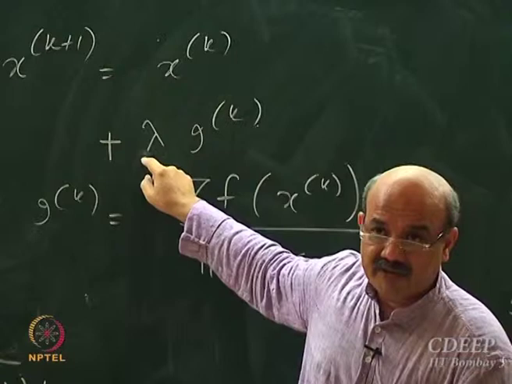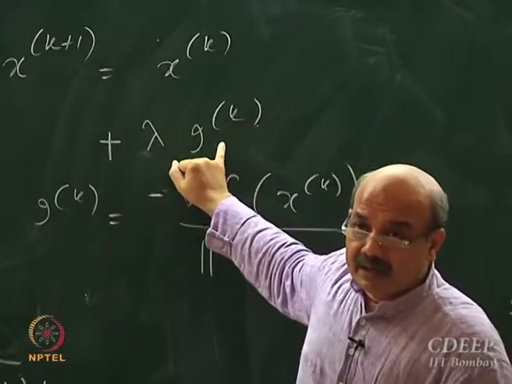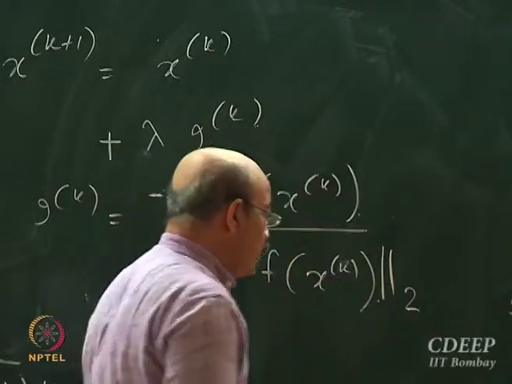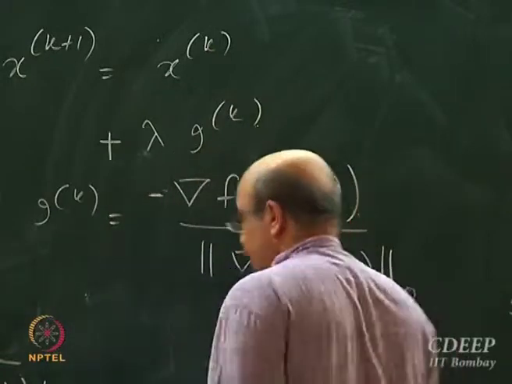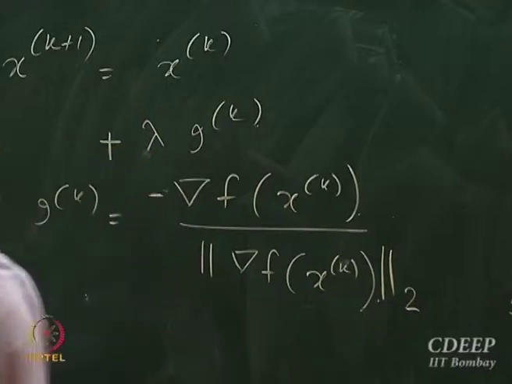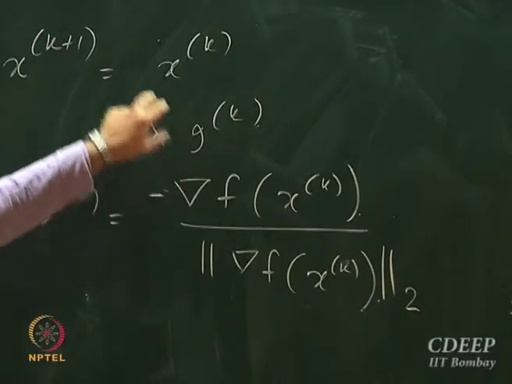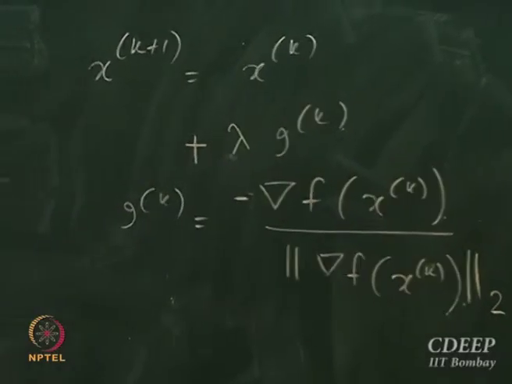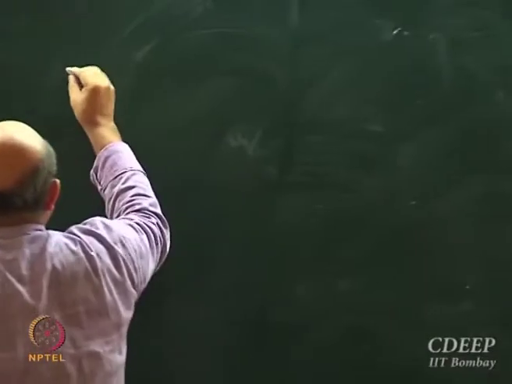This is my step length and this is my direction. Now how much to move? I am going to do another optimization problem. Having decided to move in this direction, I am going to now solve for this problem.